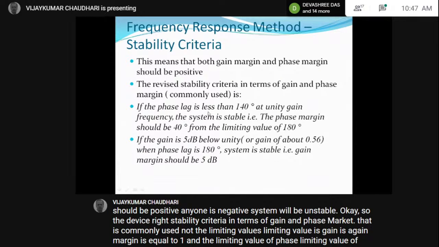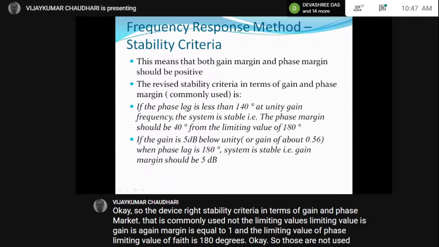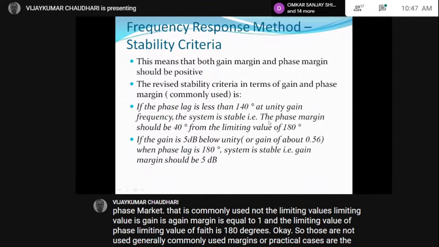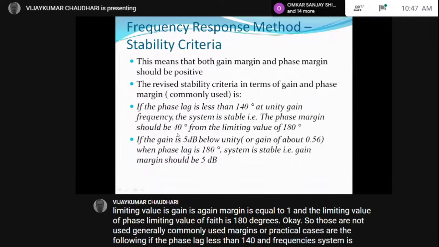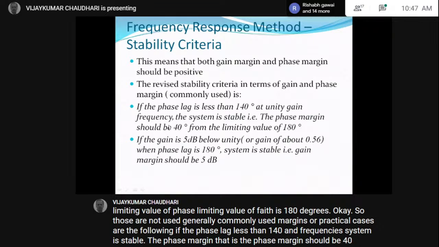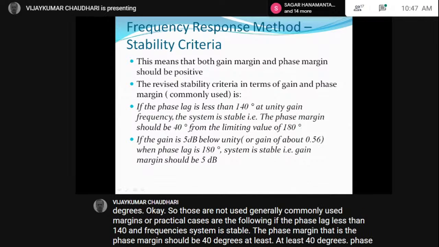Generally, commonly used margins for practical cases are the following. If the phase lag is less than 140 degrees at unity gain frequency, the system is stable. The phase margin should be at least 40 degrees.